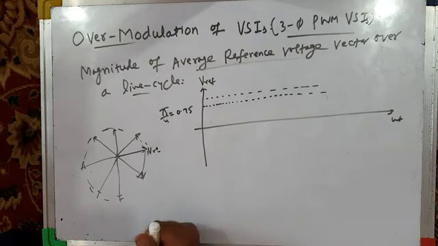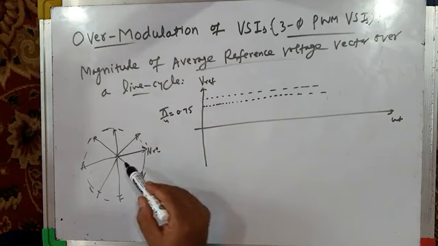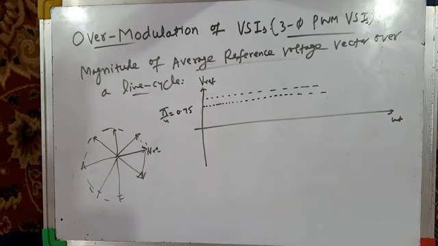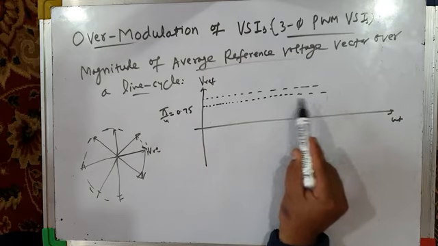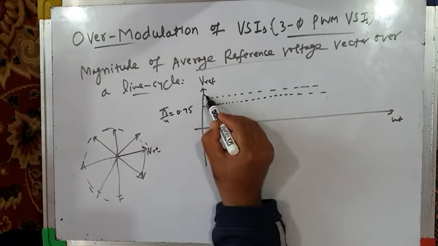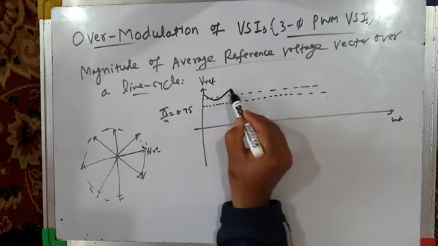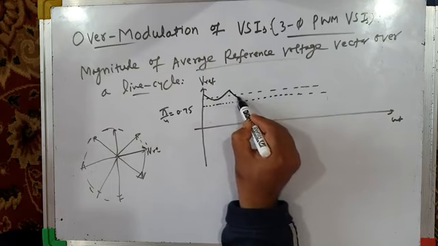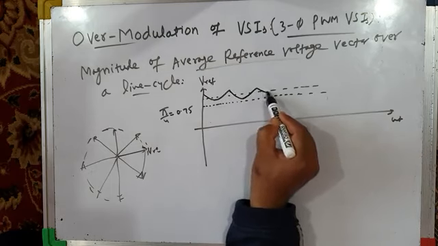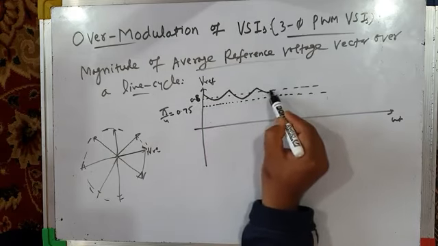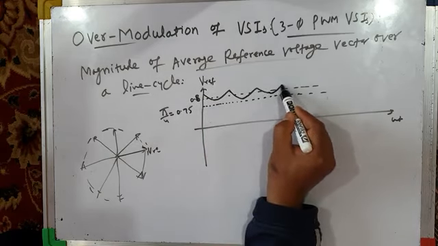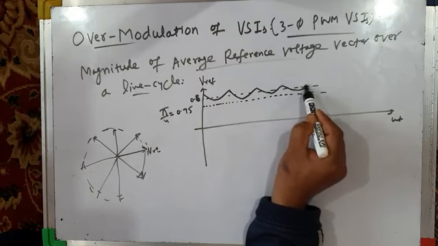When you are operating your inverter in over modulation mode, the reference vector's magnitude is not constant. It does not remain constant at pi by 4. It varies like this. Let me first draw, then I will explain. Around 0.8. This line is 0.8. Sometimes it goes above 0.8 and sometimes it goes below 0.8.